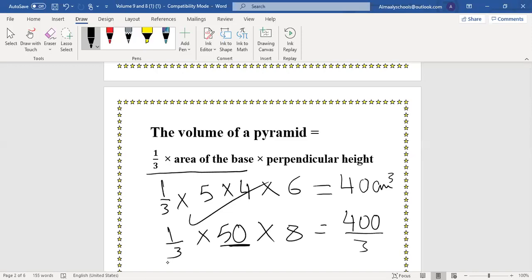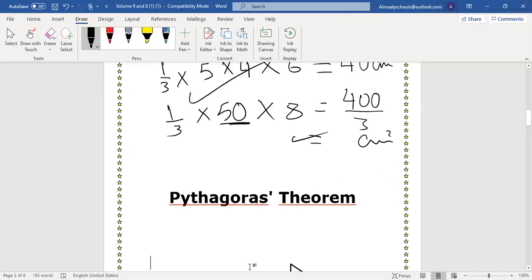It will be 400 over 3. And don't forget the unit, the unit is centimeter square. Any problem? No. So thanks, Kenzi. So question number 3. We have something new in question number 3. Maybe hard, but let's remember.